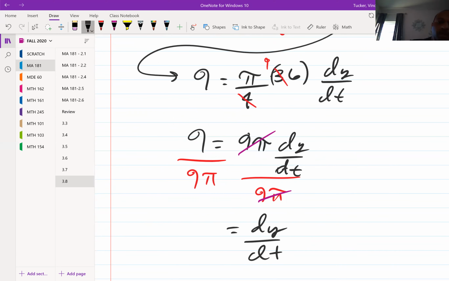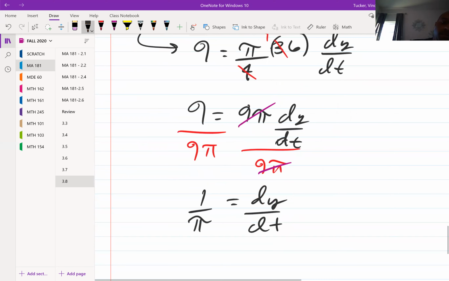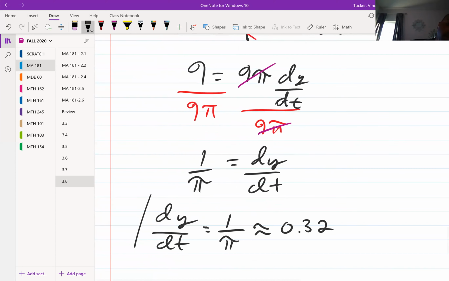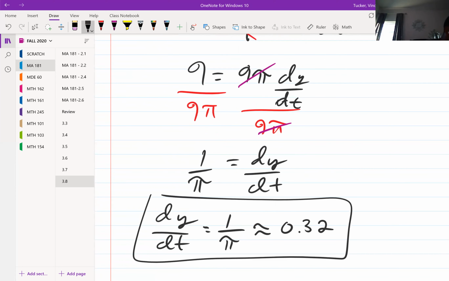And the left side will reduce to 1 over pi. So dy/dt is equal to 1 over pi, which is approximately 0.32. And that's the answer.